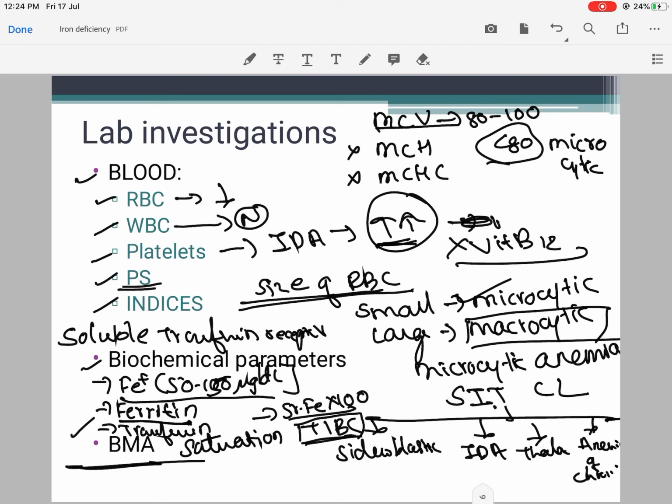So you do biochemical parameters for iron deficiency. You find serum iron is reduced, serum ferritin is low, transferrin total iron binding capacity is increased, transferrin saturation is reduced, soluble transferrin receptor to log of ferritin ratio is more than 1.5. Bone marrow is not indicated.